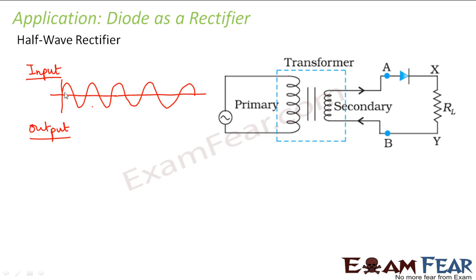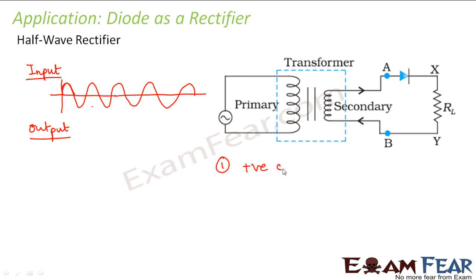During the positive cycle, that means when the positive half is the input, the voltage at this point A is positive, because the input voltage will be either in the positive cycle or the negative cycle.